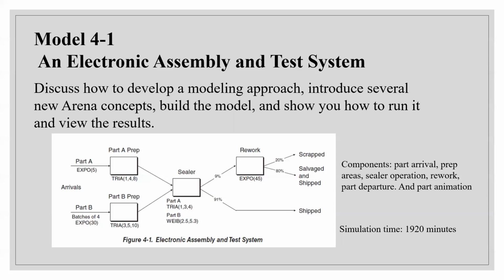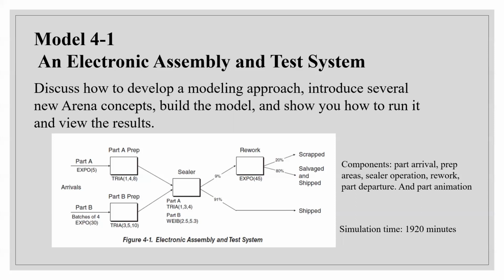The total process time for these operations depends on the part type, triangular for Part A and Weibull for Part B. 91% of parts pass the inspection and are transferred immediately to the shipping department. Whether a part passes is independent of whether any other parts pass.